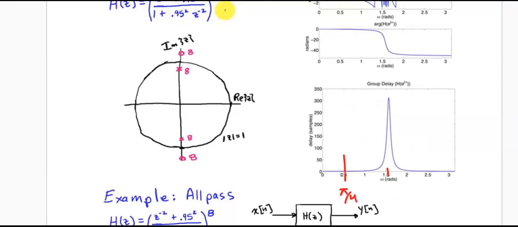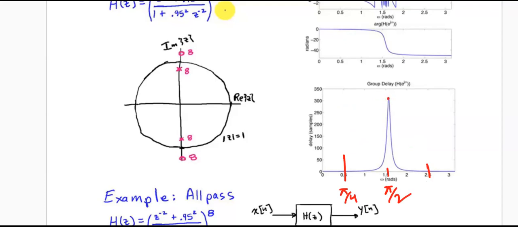The delay is 0. That means the input signal reaches the output without any delay. Similarly, higher frequencies will also reach the output with no delay. But for the frequency of pi by 2, it makes a huge delay.